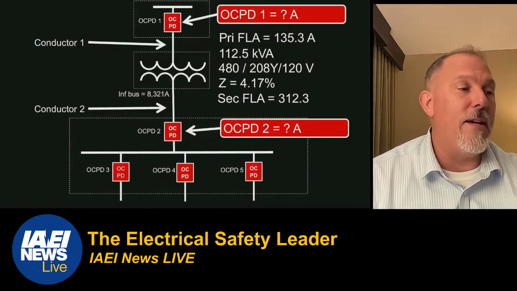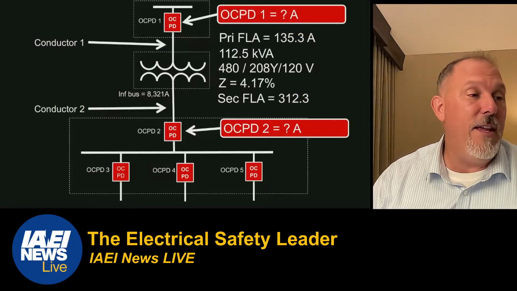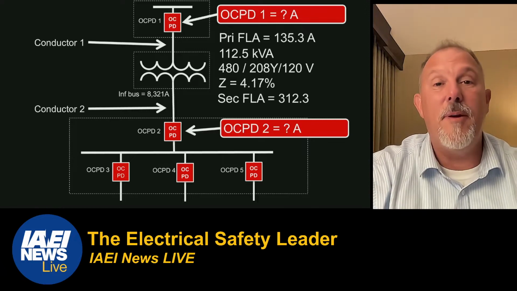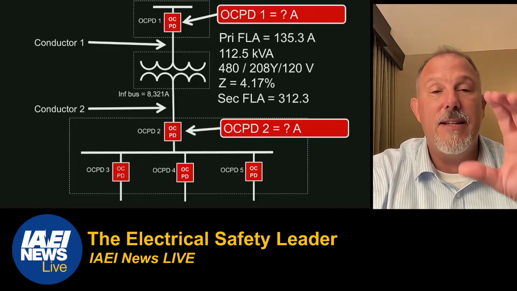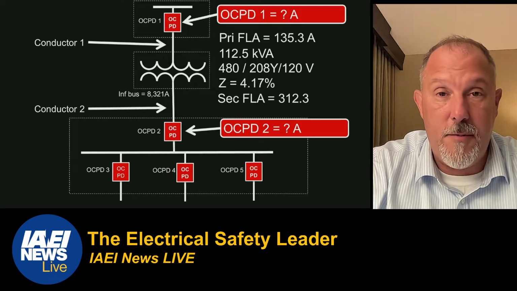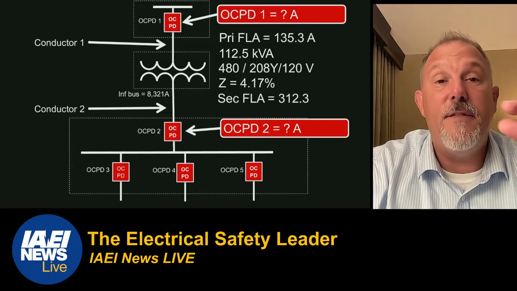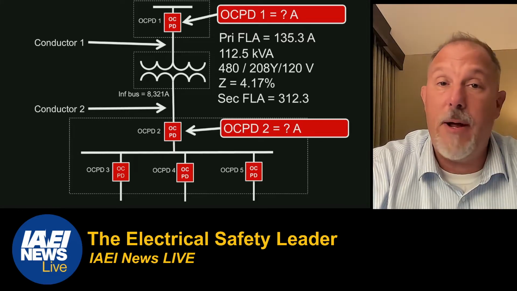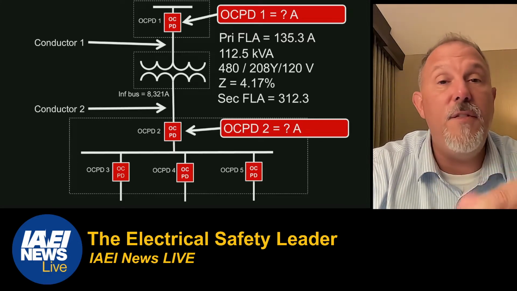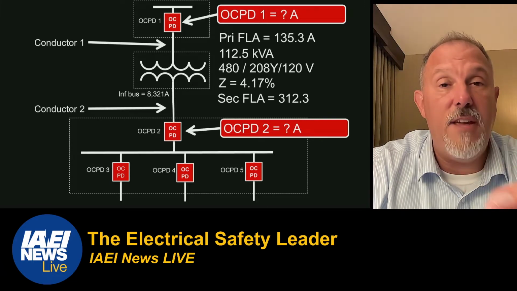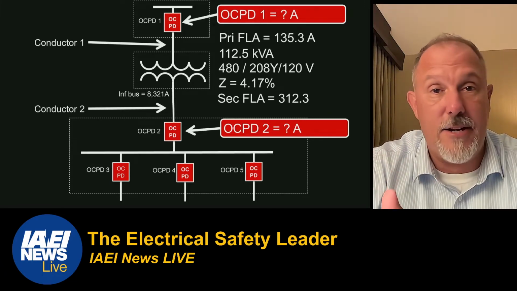And we have to calculate the primary and secondary full load amps. What's our equation for that? Remember, for primary and secondary, the full load amps is the kVA divided by the square root of 3 times the kV of either the primary or the secondary. If you use the kV of the primary, that's the primary full load amps. If you use the kV of the secondary, that's the secondary full load amps.